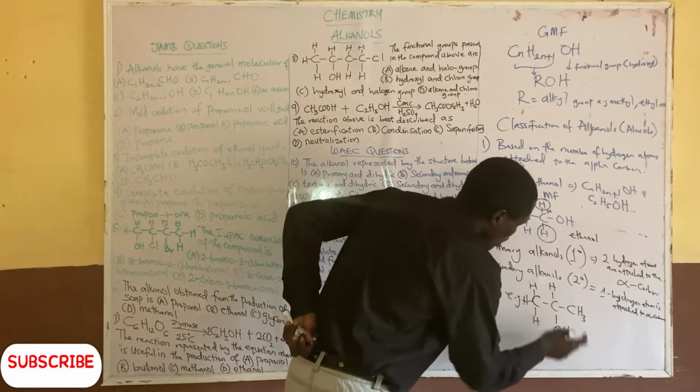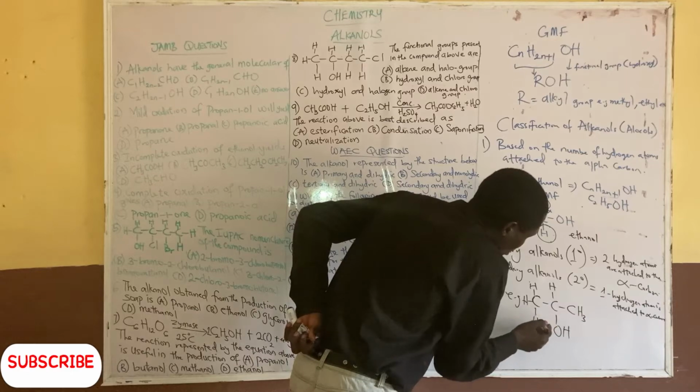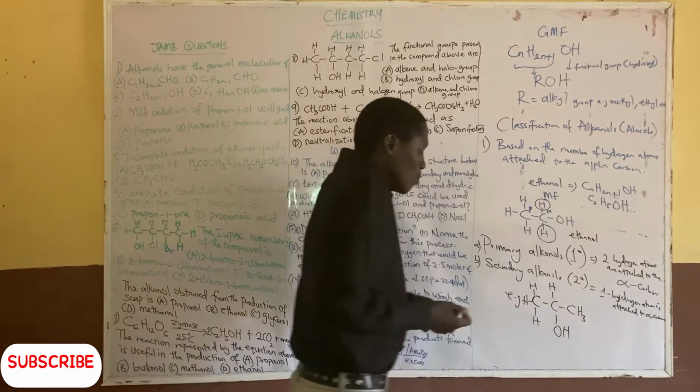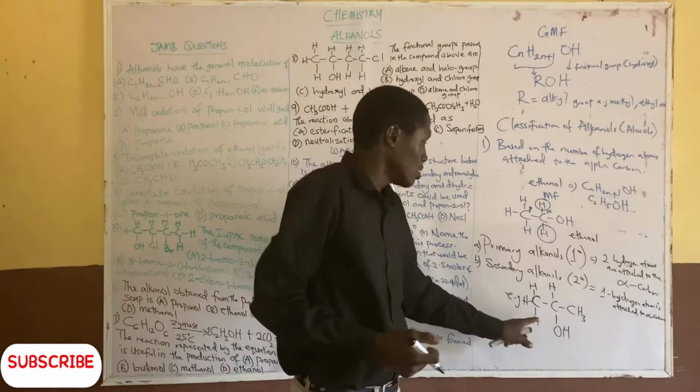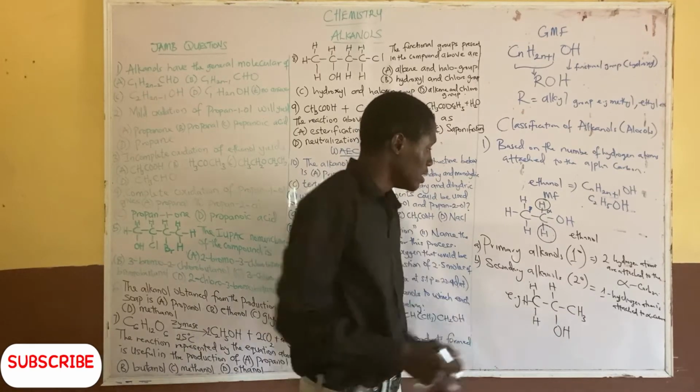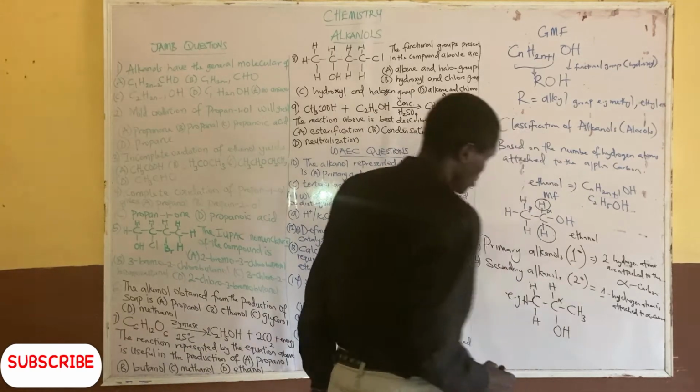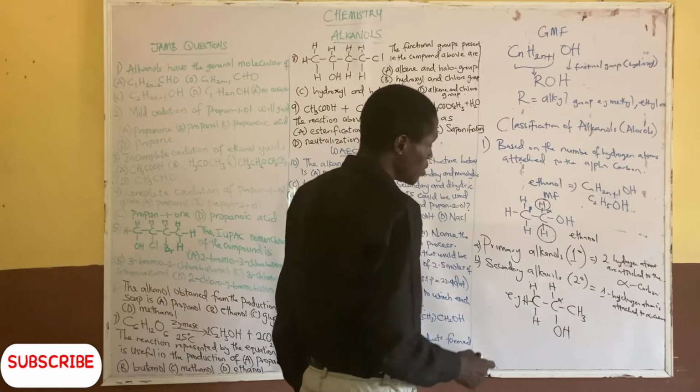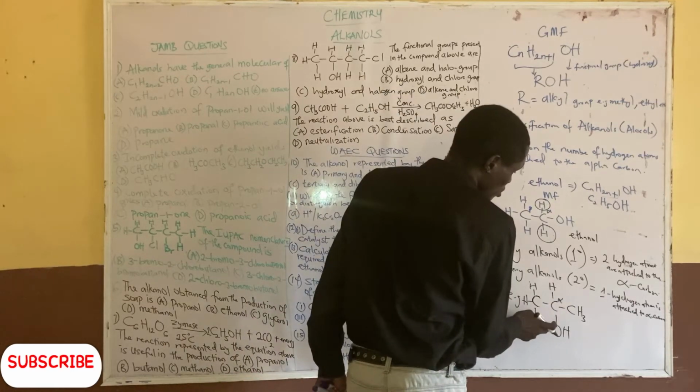This is CH3 now. Now, the alpha carbon here is the carbon that is carrying OH. The alpha carbon here is the one that is carrying OH. This is the alpha carbon, the one that is connected to the OH.